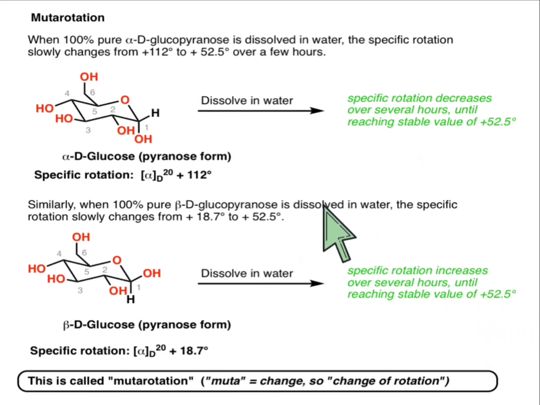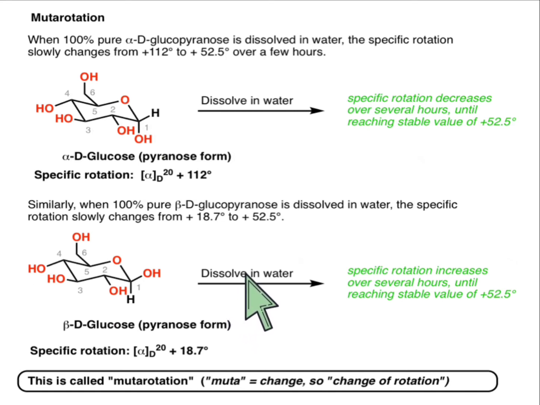This change of rotation is termed mutarotation, as I mentioned, muta meaning change. So this process of changing is termed mutarotation, or changing rotation. This final stage can be attained more quickly either by heating the solution or by adding a catalyst, which may be an acid or an alkali.